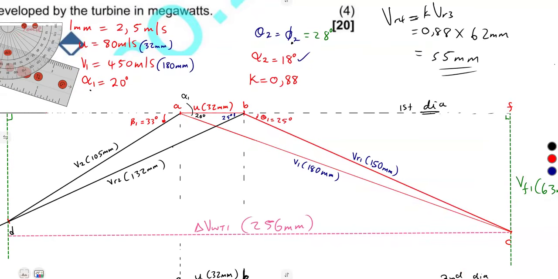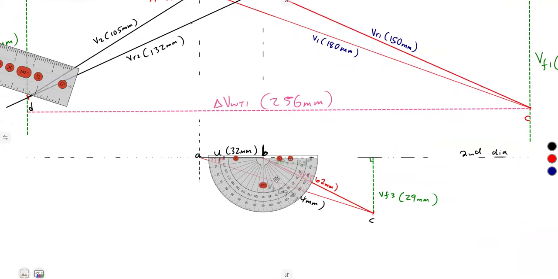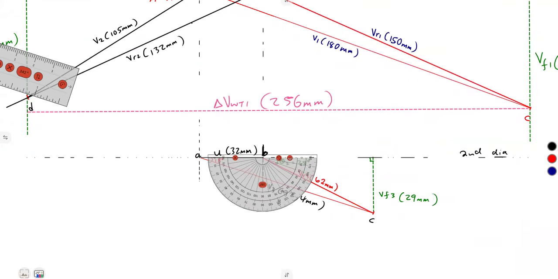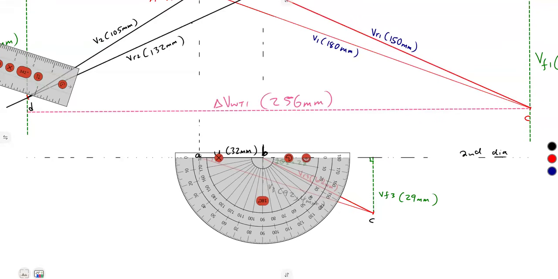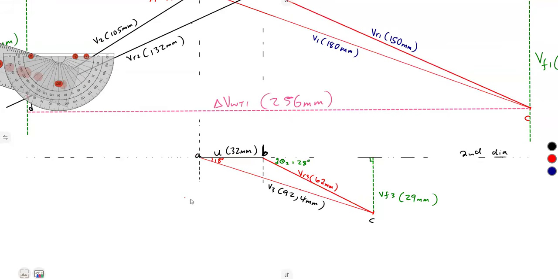So at the angle phi 2, the exit of this second moving blade, at that angle of 28, you measure that. Let's start with the angle of 28 first at point B. At B here, you measure that angle, which is 28, closer to 30, somewhere here.